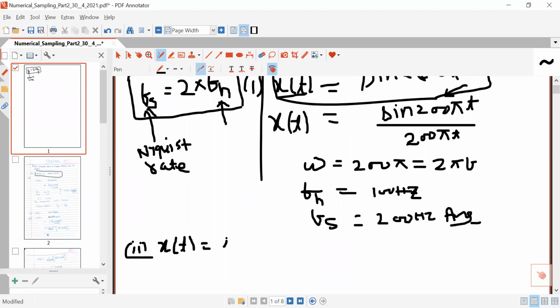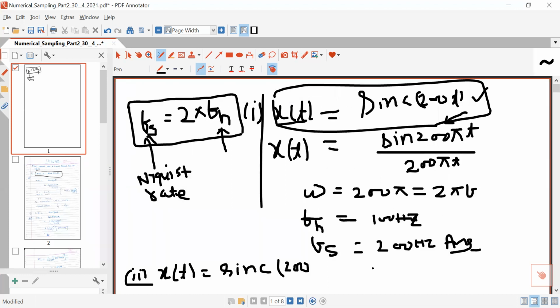I have just multiplied one more Sinc signal with the previous signal. Sinc 200t is the previous signal. Now I am going to multiply one more similar Sinc function to this.